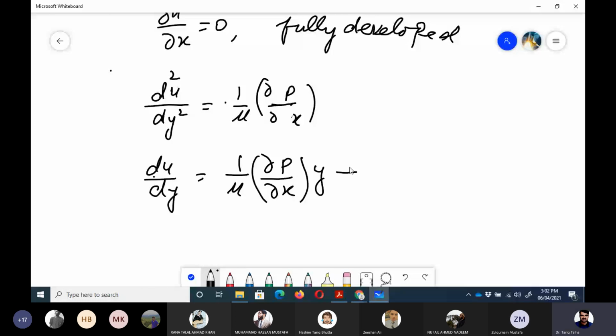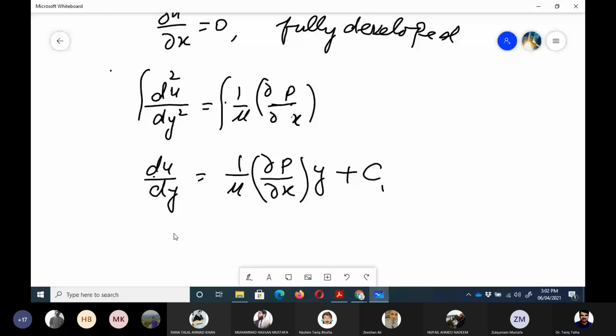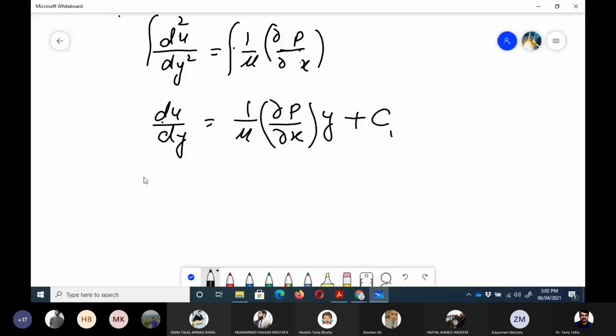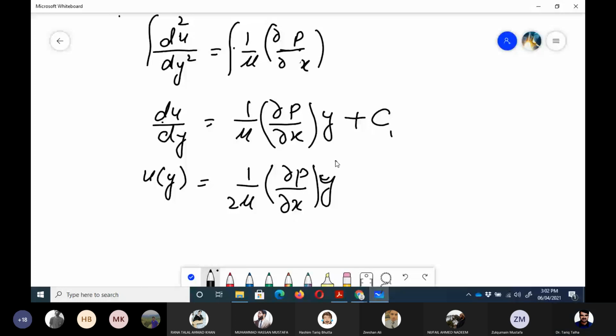C1, why are we writing C1? Because we have taken an indefinite integral. So now if we want to find the value of u, which is a function of y, it would be equal to 1 upon 2 mu partial p by partial x y square plus c1 y plus c2.